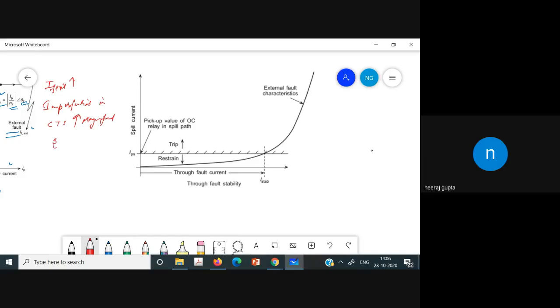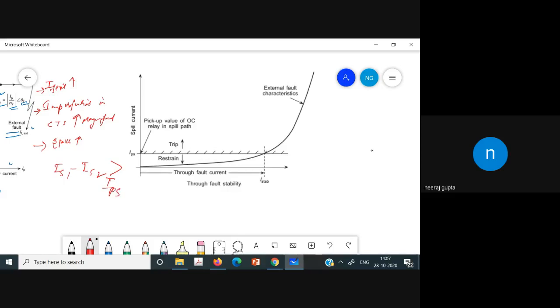Initially, the spill current was not there under ideal conditions; now the spill current will also increase. So as the external fault current goes on increasing, there comes a stage where the spill current, due to the difference between the secondary currents of the two CTs, that is IS1 minus IS2, exceeds the pickup value.